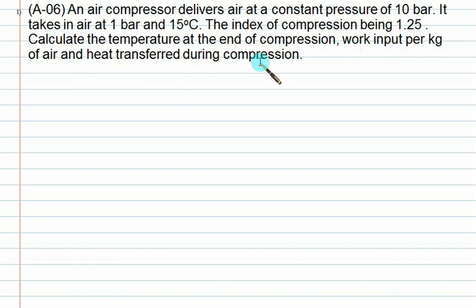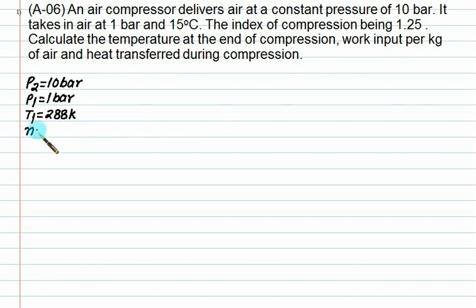So let's collect the data here. We have the delivery pressure P2 equal to 10 bar, and we have a suction pressure of 1 bar. The suction temperature T1 is 15 degrees Celsius, so 15 plus 273 is 288 Kelvin.